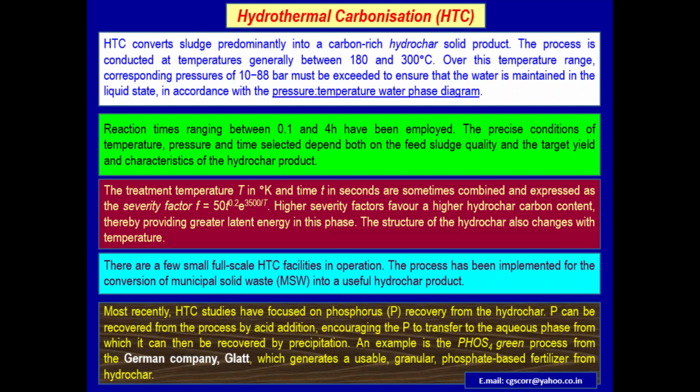The precise conditions of temperature, pressure and time selected depend both on the feed sludge quality, the target yield and characteristics of hydrochar product. The treatment temperature T in degree Kelvin and time t in seconds are sometimes combined and expressed as the severity factor, that is F is equal to t^0.2 × e^(-3500/T).